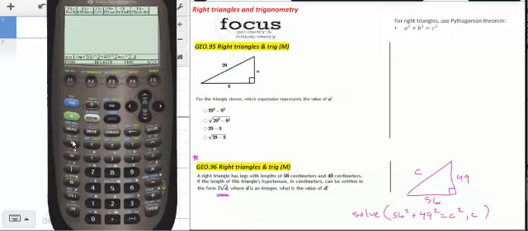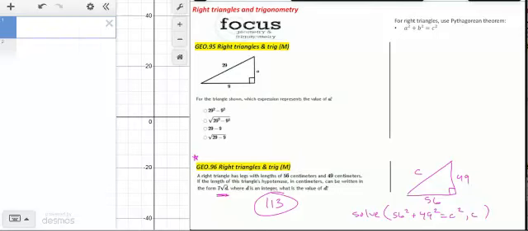Then I'm solving for that x, my unknown hypotenuse, and close off everything. If I'm in auto mode, it will reduce the radical for me. If I'm in approximate mode, I want to change it, because we want this radical form. And I get 7 root 113. So d is the part that's inside the radical, and my answer is going to be 113.